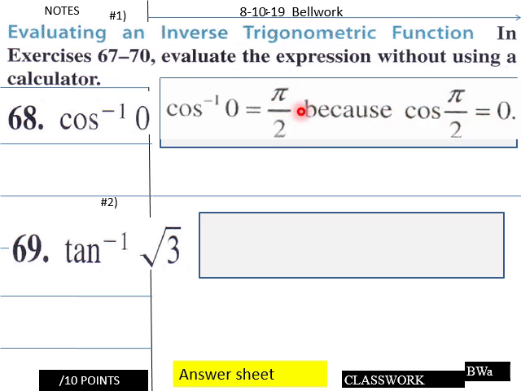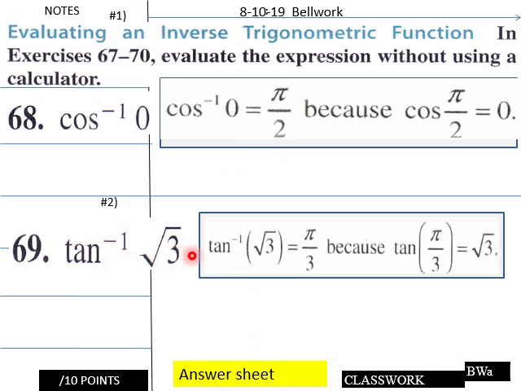Then down here, the inverse tan of the square root of 3 would be pi over 3, because the tan of pi over 3 equals the square root of 3.